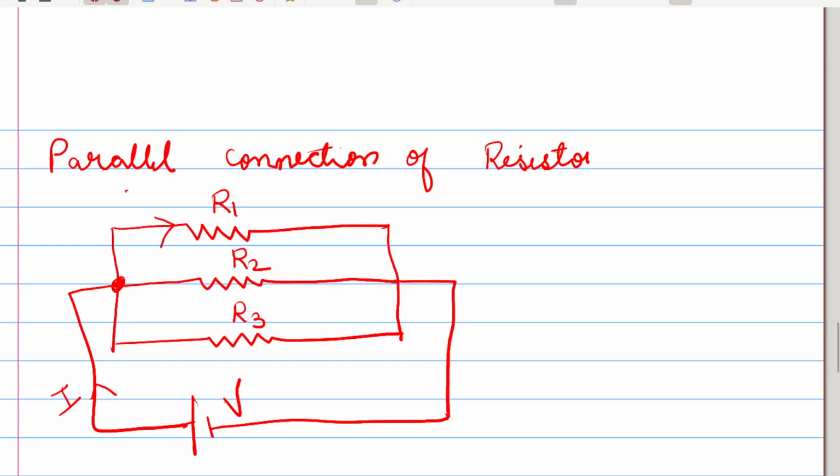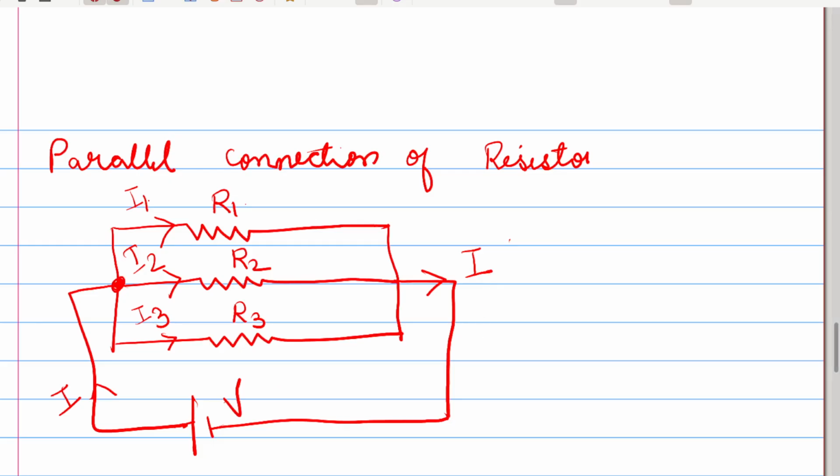So let us say the current flowing through R1 is I1, current flowing through R2 is I2, and current flowing through R3 is I3. Okay, so at this point all the current is summed and total current I.